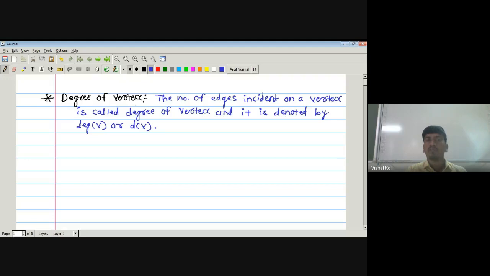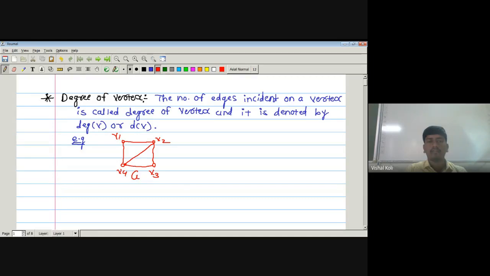If we have to find the degree of that vertex V, then we have to check how many edges are incident on that vertex V. For example, V1, V2, V3, and V4.